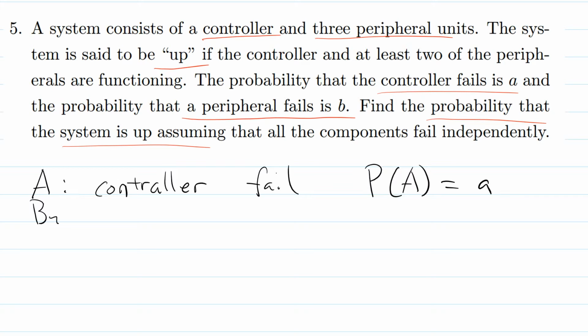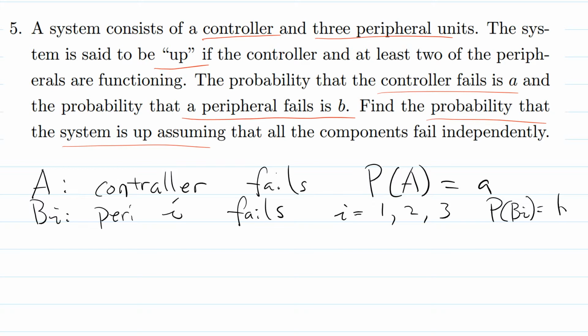And event Bi is peripheral i fails, where i can be 1, 2, 3, and by the description, the probability measure of Bi equals b. And then we come to the event up.